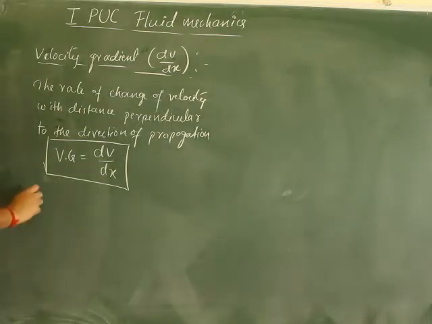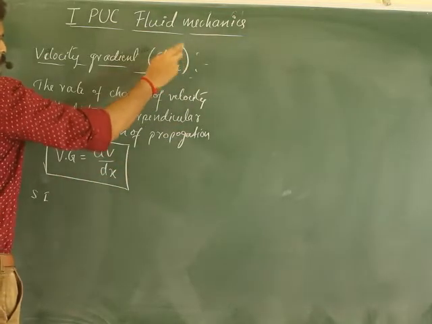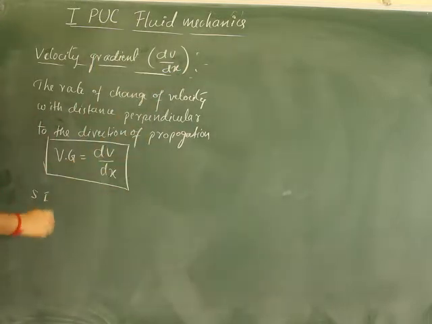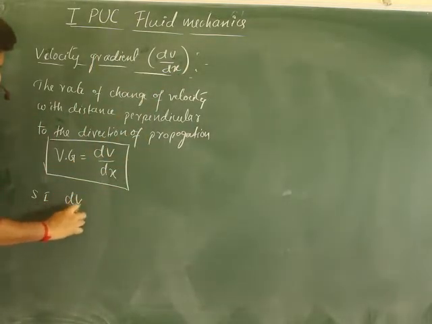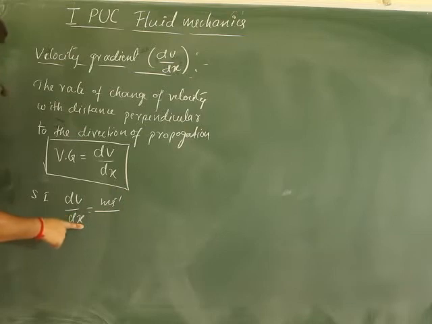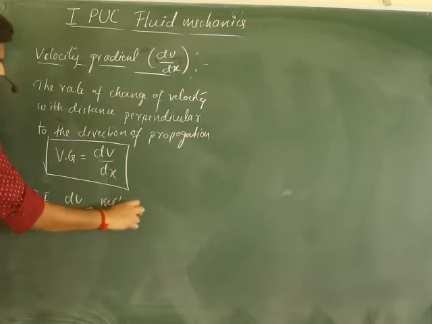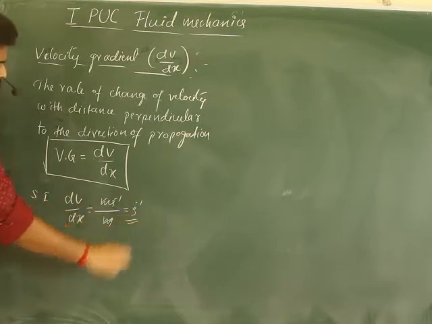What is the SI unit of velocity gradient? For dv by dx, the SI unit of velocity in the numerator is meter per second. In the denominator, x means separation or distance, and dx means a small separation, so its unit is meter. So the unit is per second.